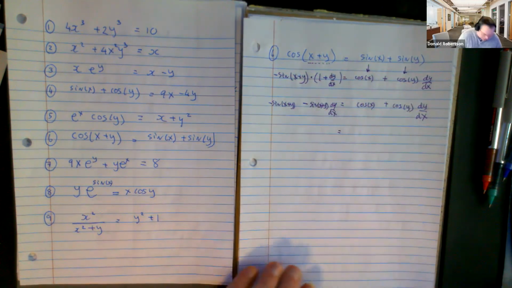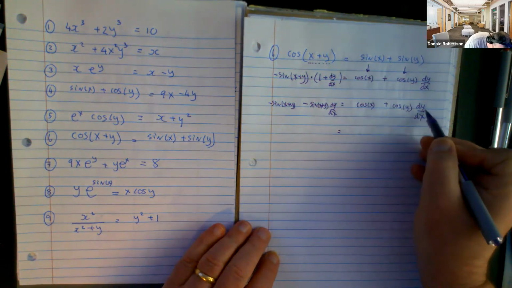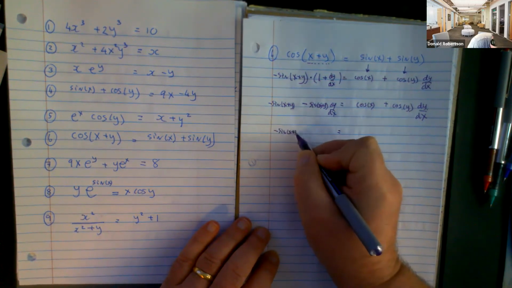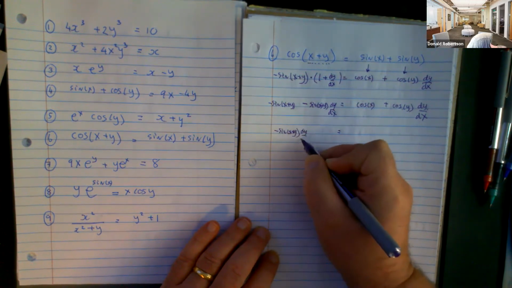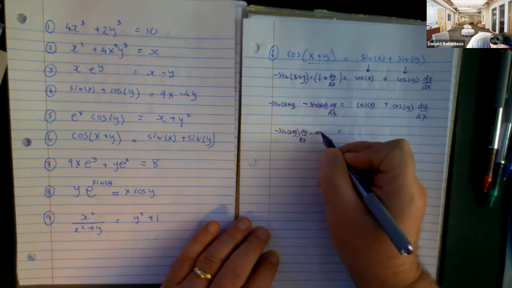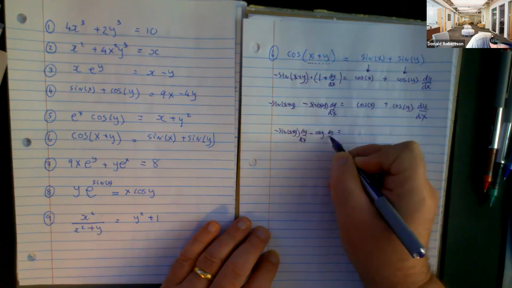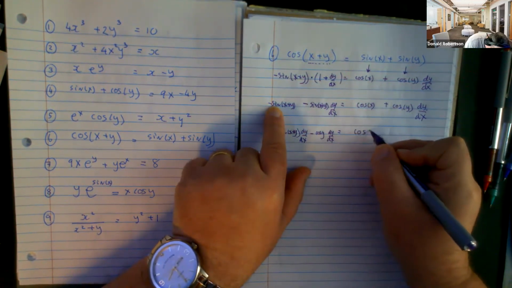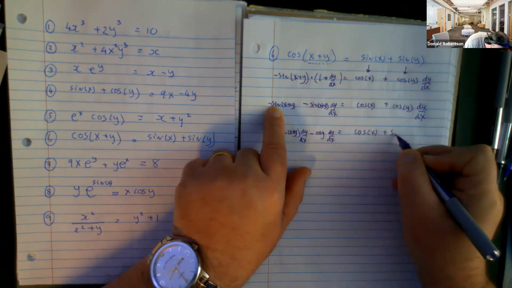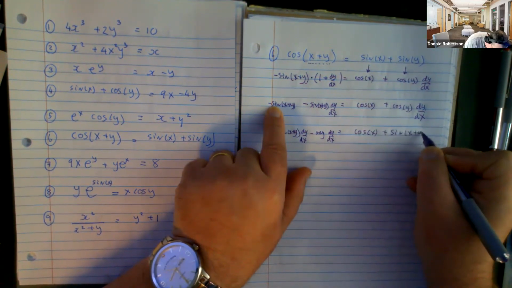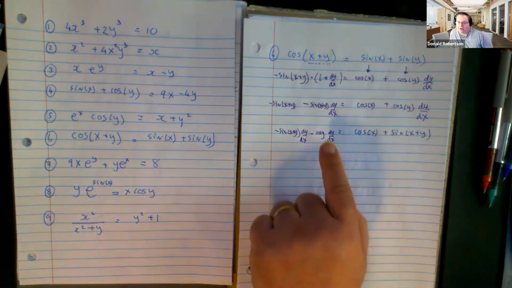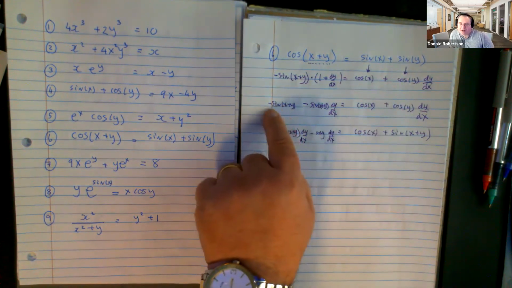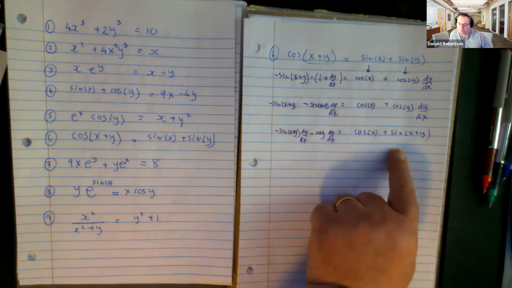So how about subtracting a cosine y dy by dx on both sides, and then add a sine of x plus y to both sides. Are we comfortable with what I did there, right? I essentially subtracted this from both sides and added this term to both sides.